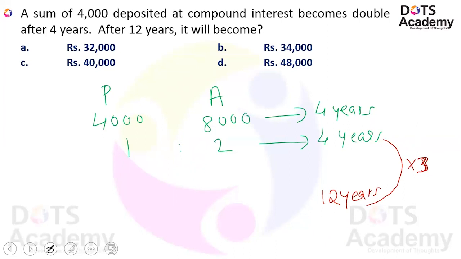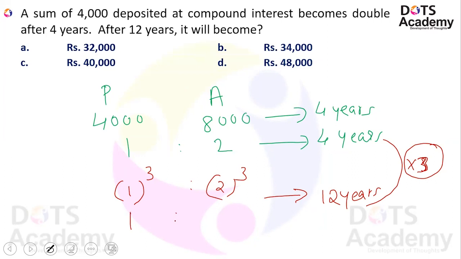So we can take the ratio of principal to amount after 12 years as 1 cube is to 2 cube, because the principal becomes amount in 4 years and the same principal becomes what amount in 12 years is our question. That is 4 years into 3 years is equal to 12 years, and we can take this 3, that is 1 cube is to 2 cube. This is the ratio of principal to amount after 12 years.